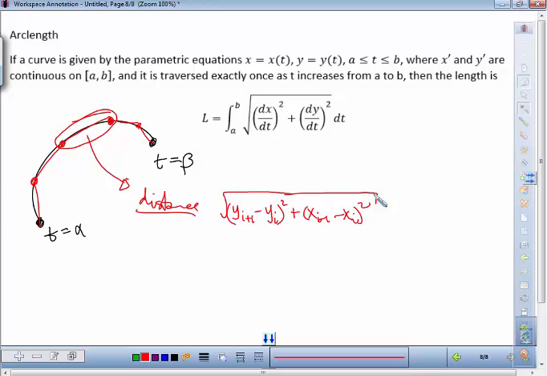Is that our distance formula kind of look like that? Think about Pythagorean's theorem if you have to think about that. But what we have here is really a change in y and a change in x, so that's like delta x and delta y in here.